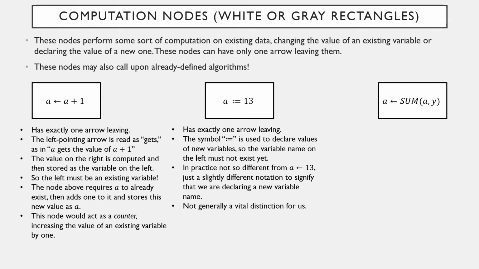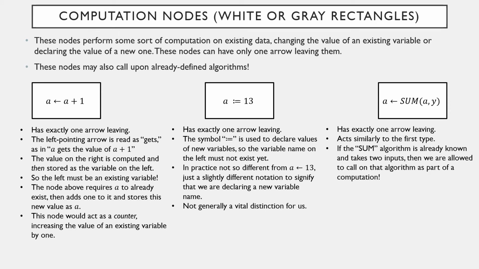Okay, now here's an example where we are computing something and assigning it the value of a, but what we're doing is we are calling on an algorithm that already exists. So here, sum would be an algorithm that inputs two numbers and outputs one. And let's suppose we've already written a code that does that.